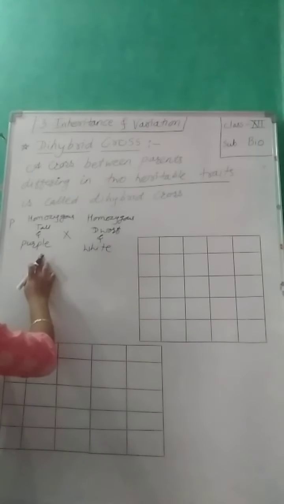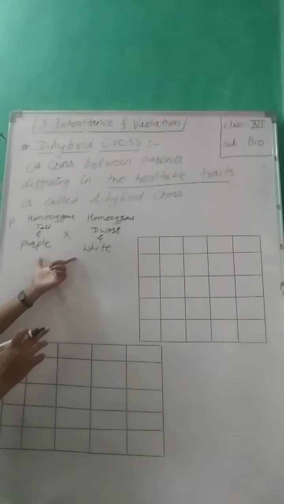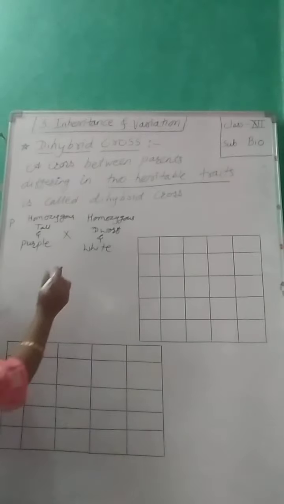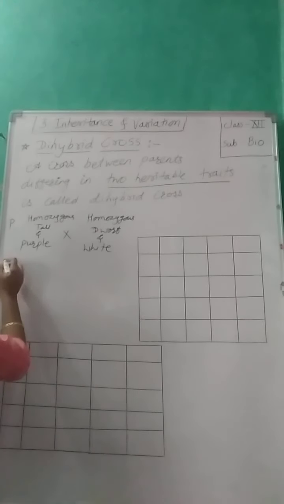Tall is having contrasting character dwarf, and purple is having, color of the flower is having the white color in that plant. Okay, so this is one character, this is another character, and these are also the contrasting characters for them. So we will write down the phenotype also, and we will write down the genotypes also.